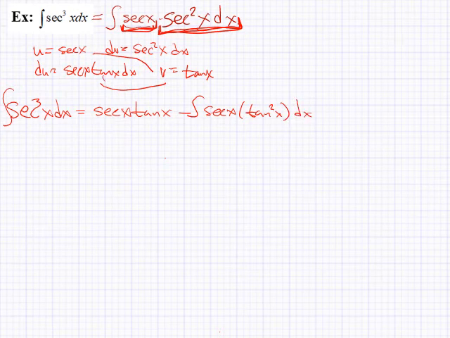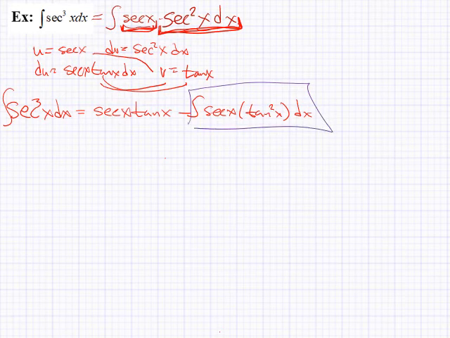Tan squared, because I have a tan and another tan. Alright, so now I want to do this integral. In order to do it, I'm going to rewrite it using the Pythagorean identity for tan squared: tan squared x equals secant squared x minus 1.